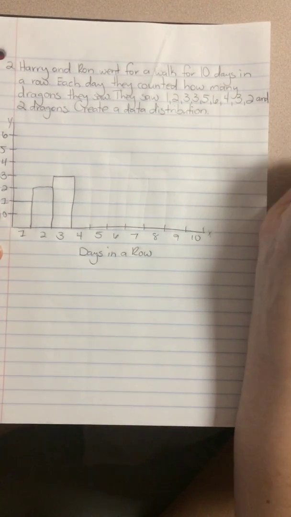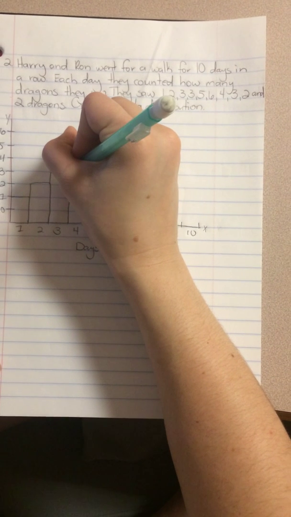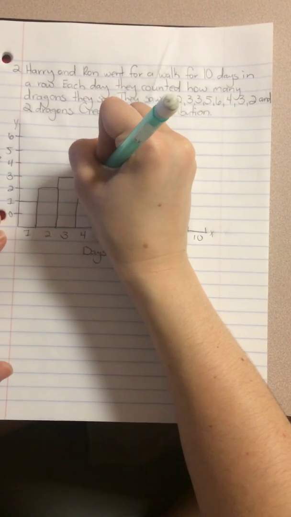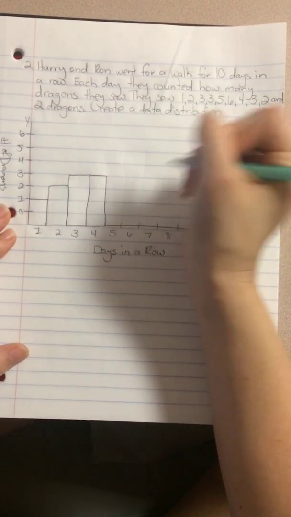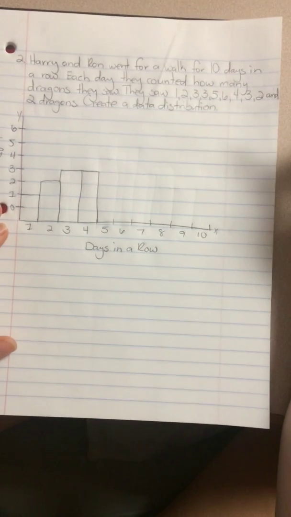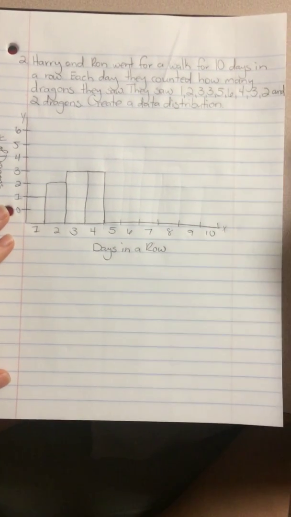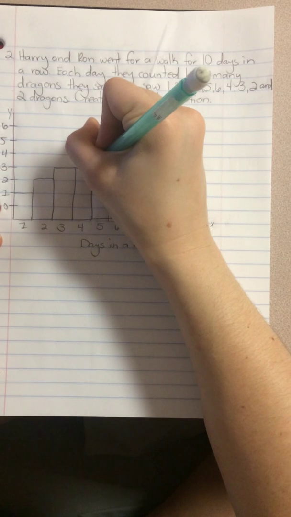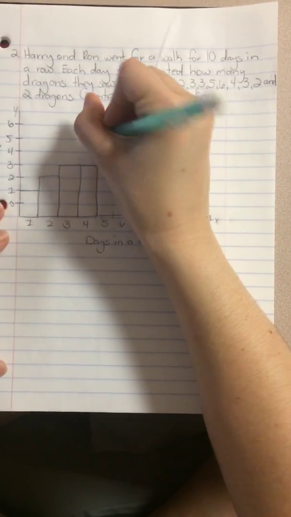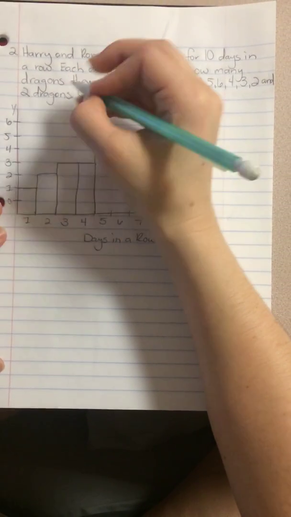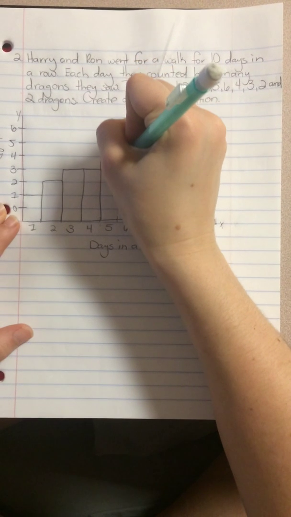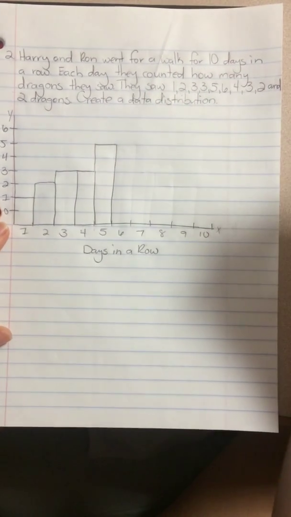But then come day 4, we see that they saw the same amount of dragons that they saw on day 3, which is 3 dragons, so we can create the same bar for that one. And then day 5, they saw 5 dragons, so we'll go up 2 more, because we're at 3, 4, 5, to show that they saw 5 dragons on day 5.